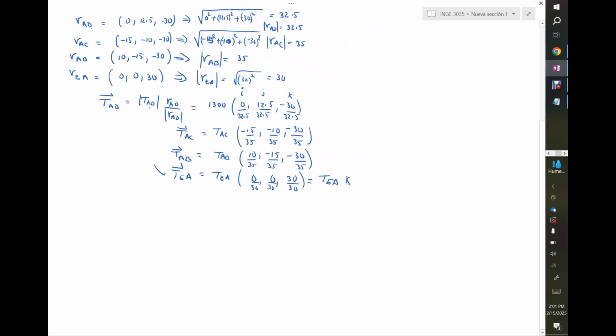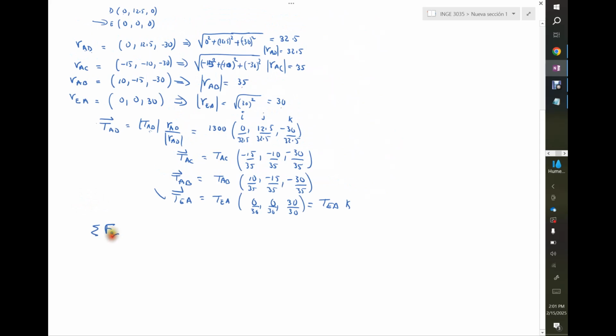Except that we now need to do the equilibrium. You know that the sum of all the forces in X equals 0. With that said, let's find the first one. For example, this 1300 times 0, there's nothing on that particular position, but I'm gonna write it down. So that's gonna be 1300 times 0 divided by 32.5.